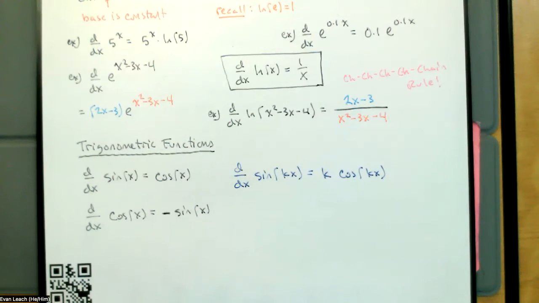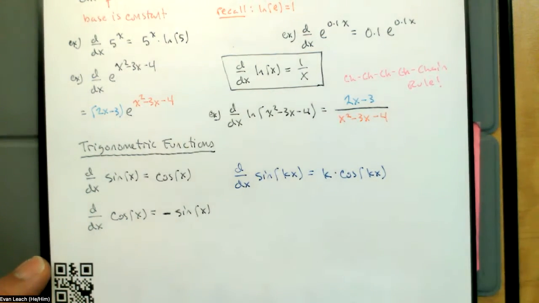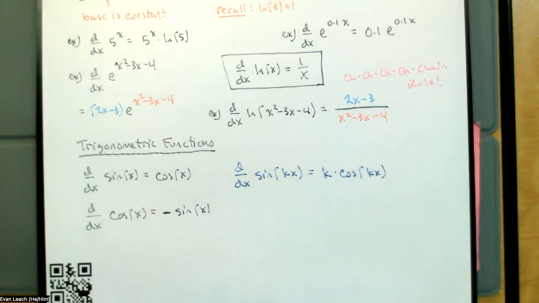We like to write constant factors in front of our trig functions rather than afterwards, so we're sure that the k is not part of the cosine. It's k times cosine kx. The parentheses make that clear, but sometimes we get a bit lazy and don't write parentheses.